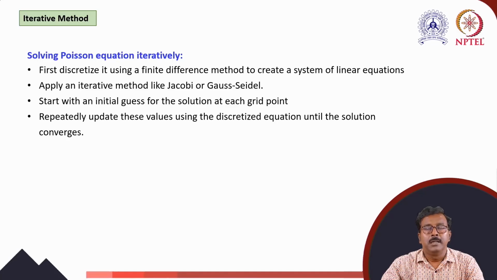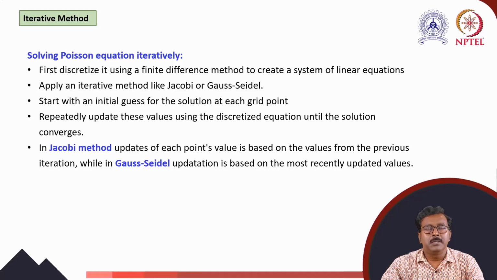We can set some condition, say the difference between the kth iteration and the k plus 1th iteration must be less than or equal to 0.001. Then we will stop. In this way you can set the condition through programs in the computer. Then it stops only if this condition is satisfied.